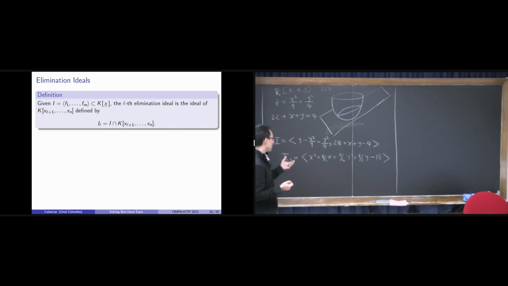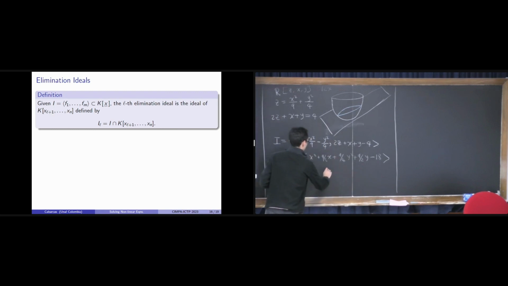And from the equation, we can tell what this is, right? The variety of this one, the set of solutions, can be described as an ellipse. It's an ellipse in xy.